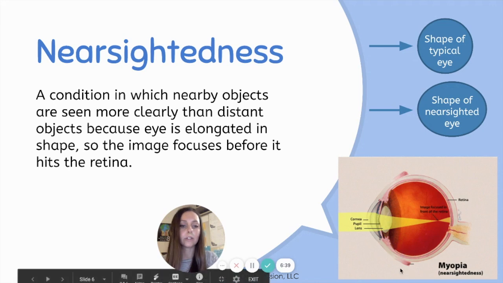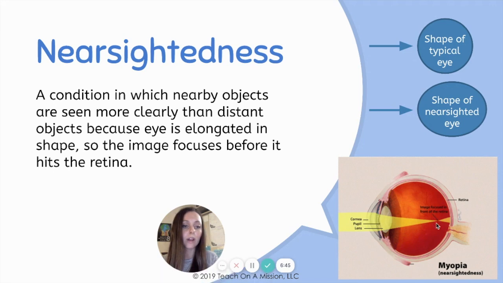You can see in our little diagram here, you've got your light and your visual information coming through the eye, and it's going to focus in front of the retina. So this allows you to see things up close more clearly, and it has to do with the shape of your eye. You can see in our circles up here at the top, the shape of a typical eye is very round. The shape of a nearsighted eye is going to be more of an oval shape, or elongated, so more this way as opposed to like this.